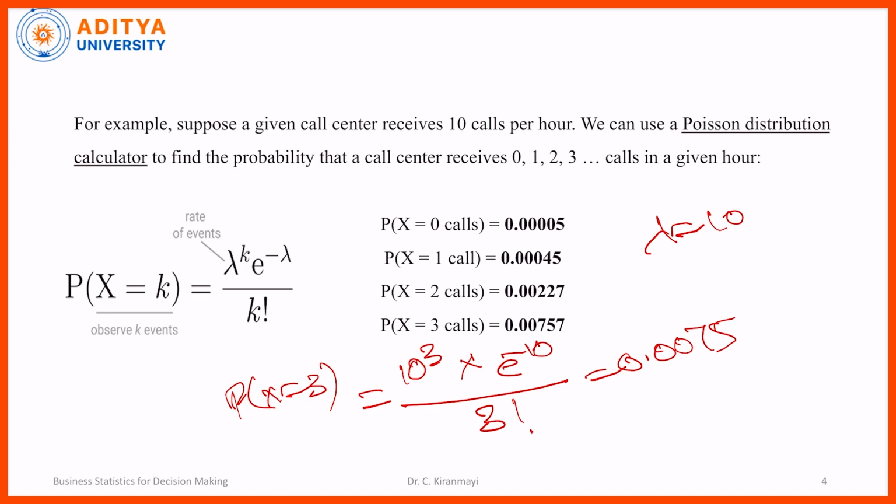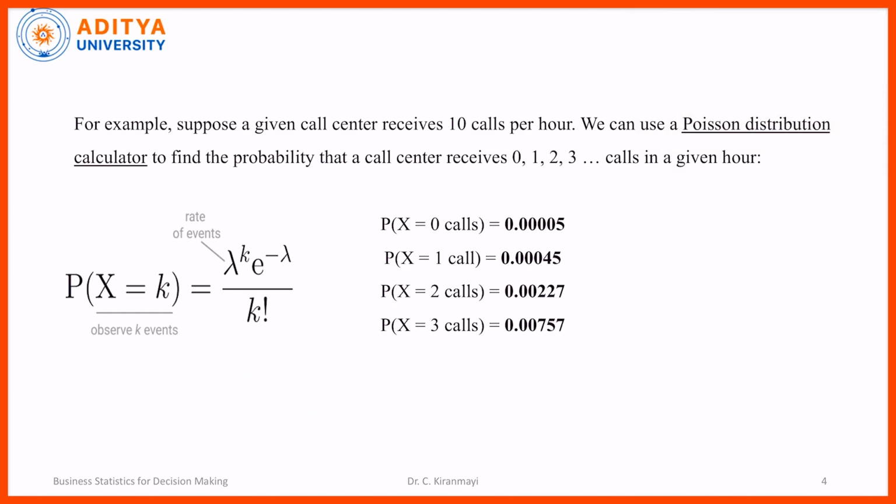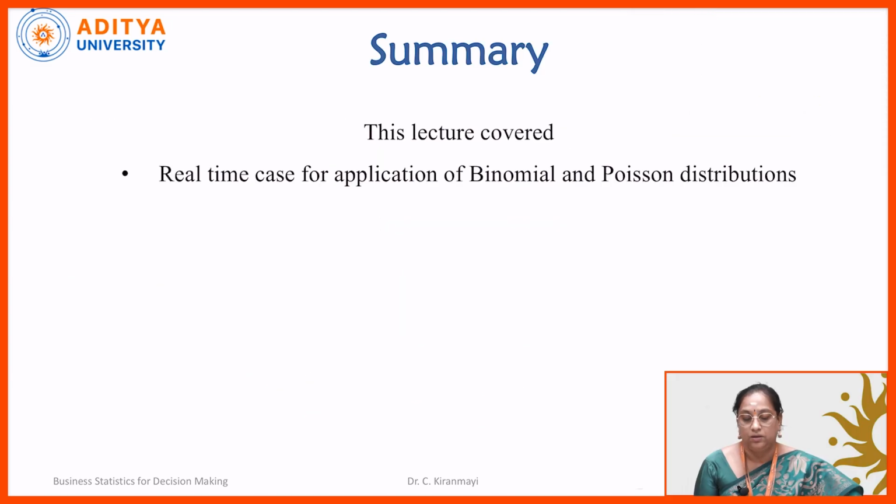So, the call center has a 0.075 chance of receiving 3 calls in 1 hour. So we can identify the probability that the call center is going to obtain 3 calls. This is how we can make use of Poisson probability in real-time cases.